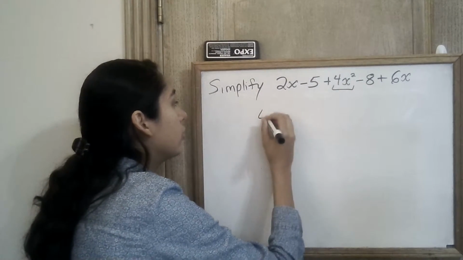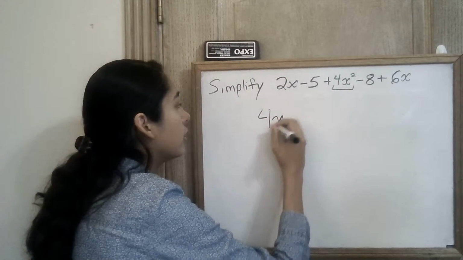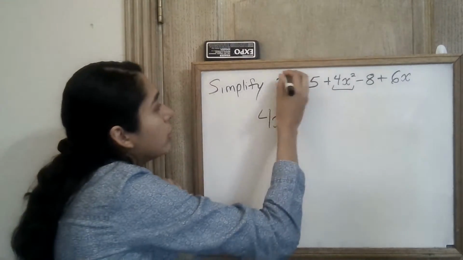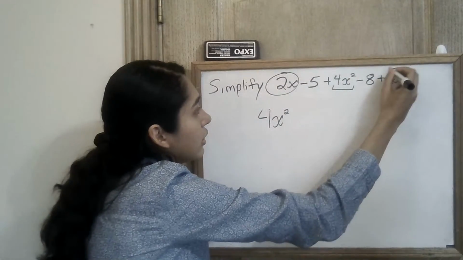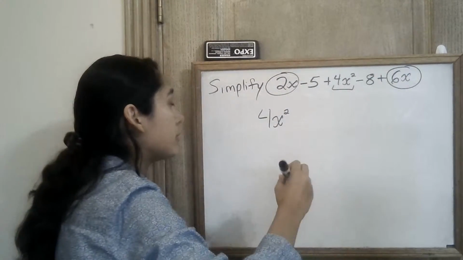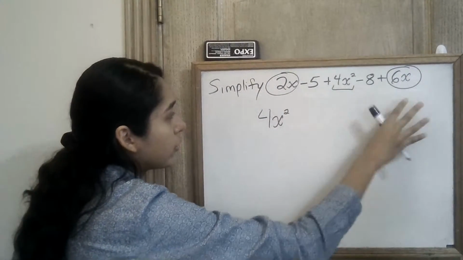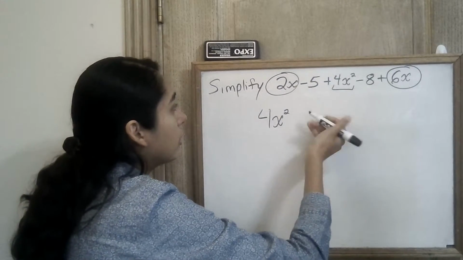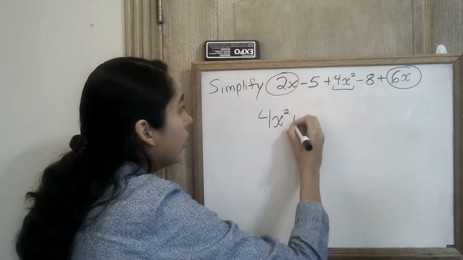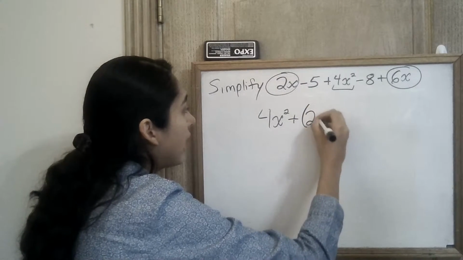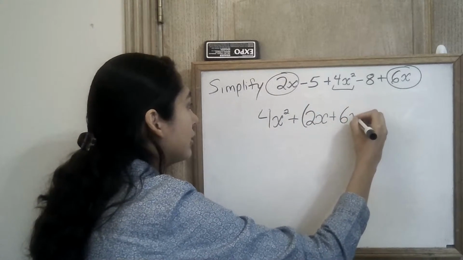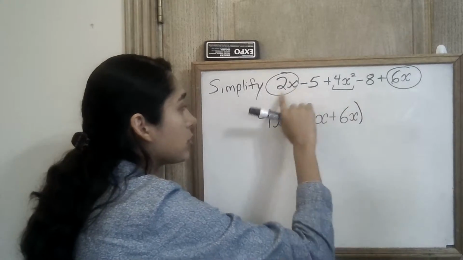Okay, 4x squared. All right, we have some other terms going on. We have 2x and 6x, with no others like them, power of 1. So now I'm able to combine 2x with 6x, because this is positive and this is positive.